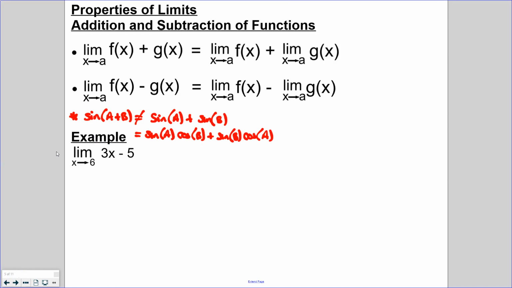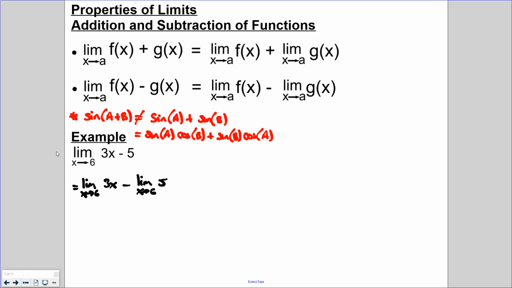So we're going to have the limit as x approaches 6 of 3x minus 5. Based on what we just learned, we can pull apart the subtraction. So I'm going to rewrite this as the limit as x approaches 6 of 3x minus the limit as x approaches 6 of 5.